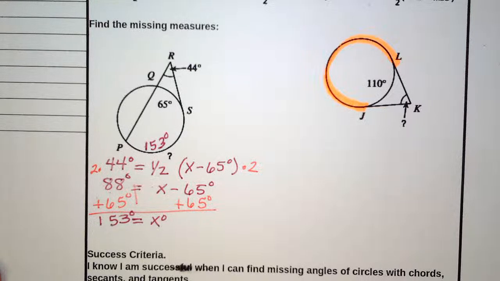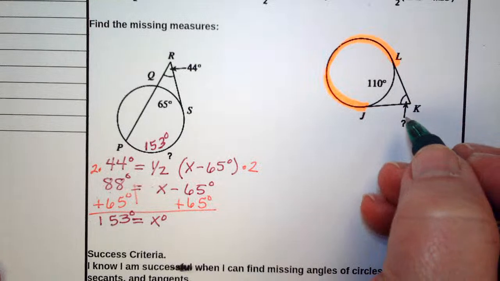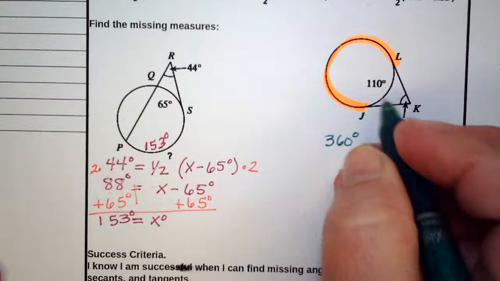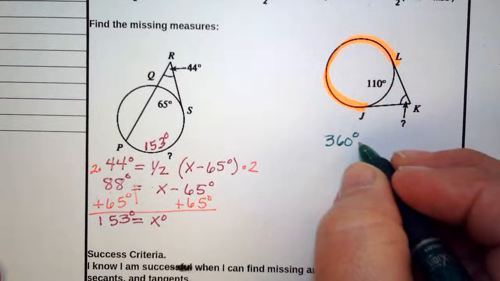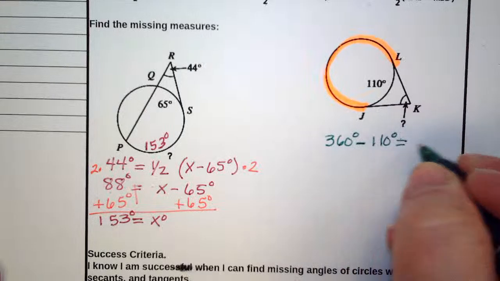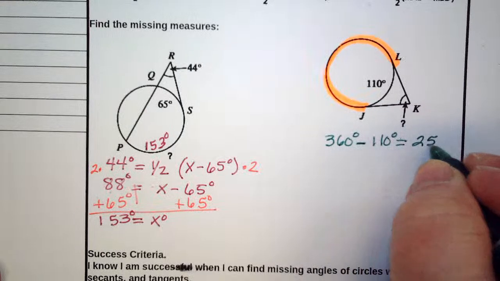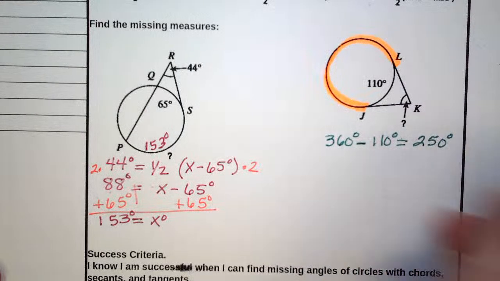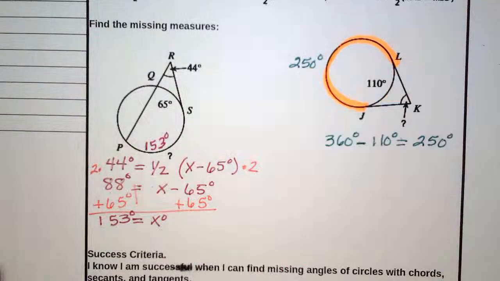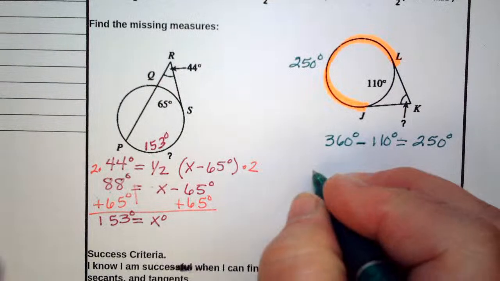Well, I know the whole circle is how many degrees? 360 degrees. This part is 110. 360 minus 110 degrees is equal to 250 degrees. So this will be 250 degrees. Any questions? Now we're ready to solve.